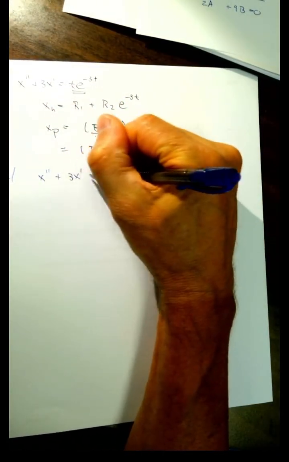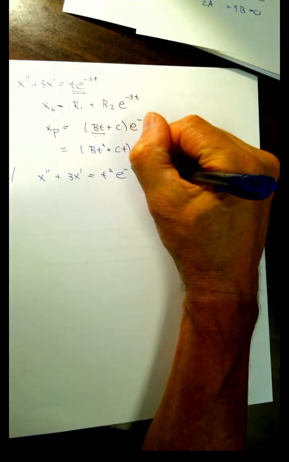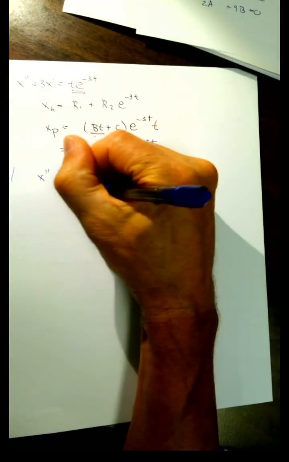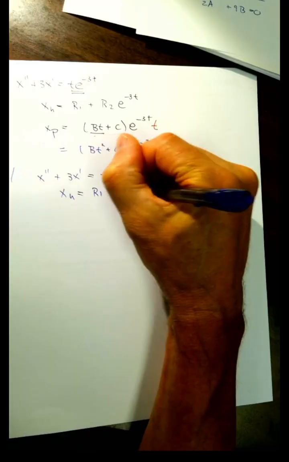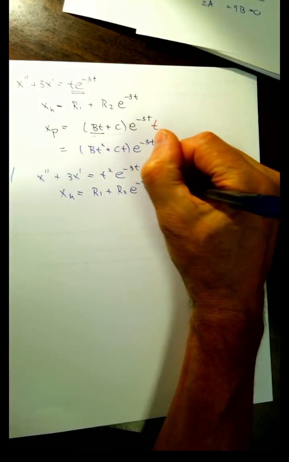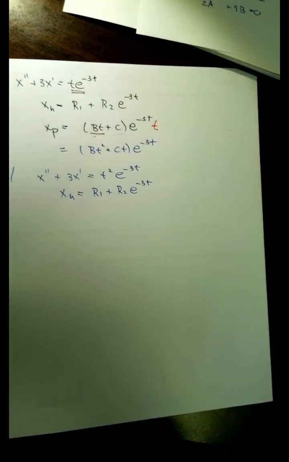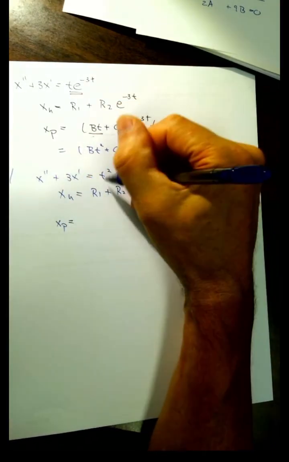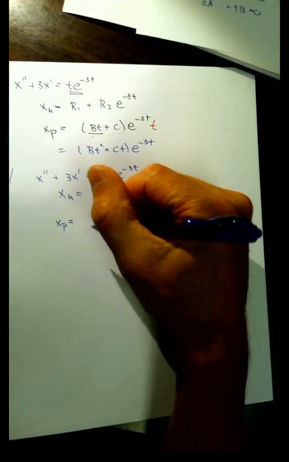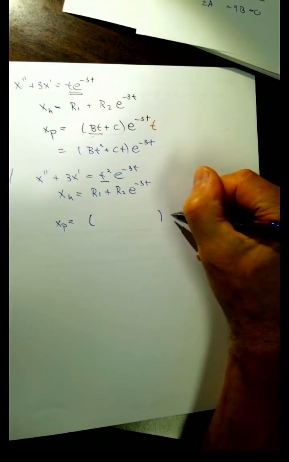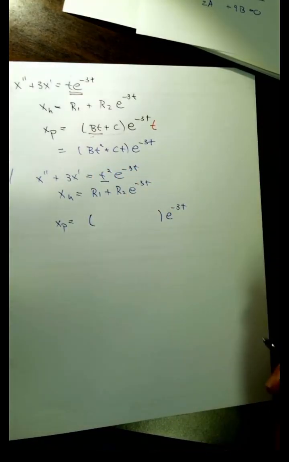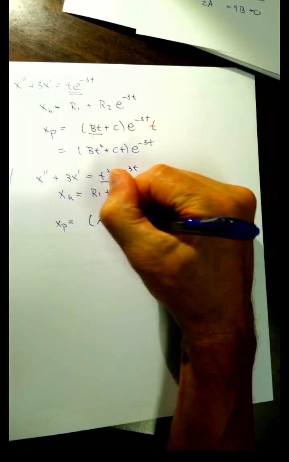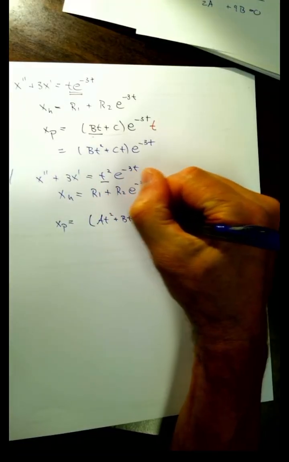If I had x double prime plus 3x prime is t squared e to the minus 3t, again, my homogeneous solution looks like that. I have a polynomial of degree 2 there, so I should guess a polynomial of degree 2 times e to the minus 3t. So that would be at squared plus bt plus c.